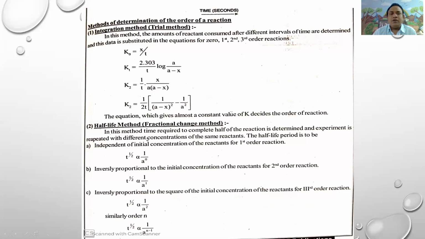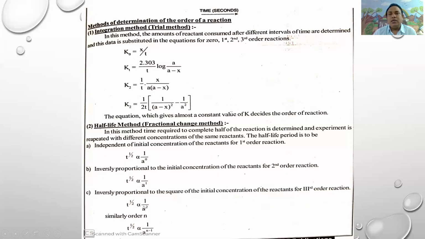Similarly, the first order half-life period is independent of initial concentration of the reactants. The second order half-life period is inversely proportional to the initial concentration of the reactants. And the third order half-life period is inversely proportional to the square of the initial concentration of the reactants.